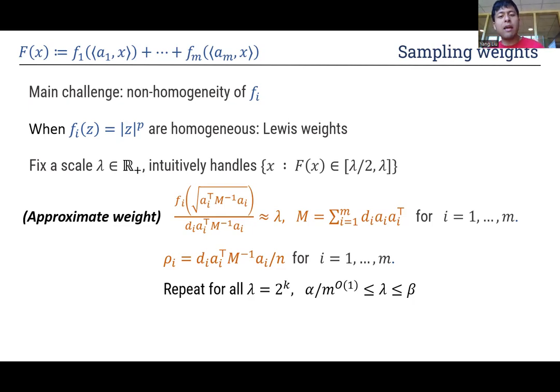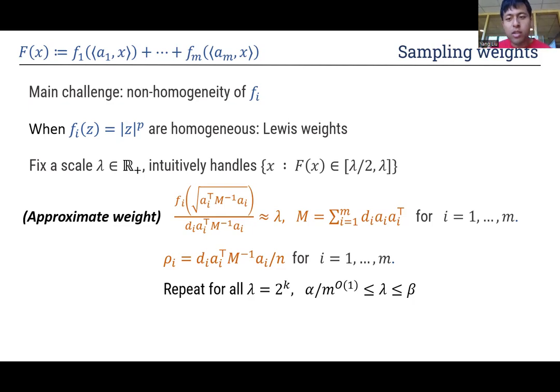Given this level of scale lambda, we can define importance weights just at the scale lambda, and they satisfy the following formula. For all i from 1 to m, f_i of the square root of a_i transpose M inverse a_i, divided by d_i times a_i transpose M inverse a_i, where M is the matrix sum of d_i a_i a_i transpose for some positive weights d_i.